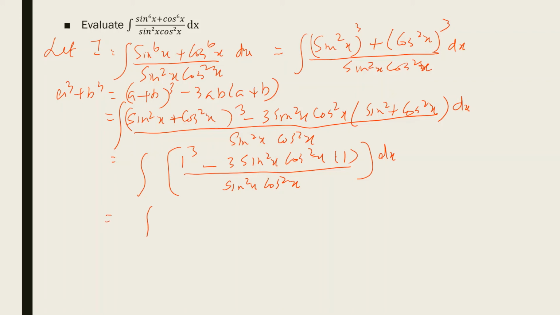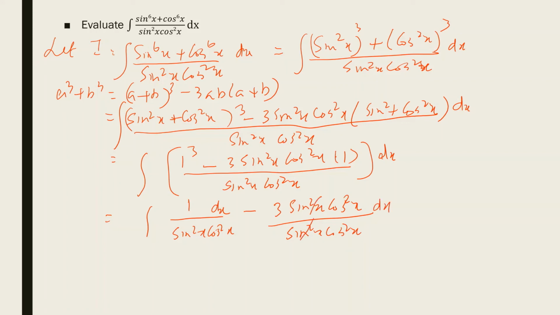So why can't we split this into 1 by sine square x cos square x minus 3 into, here I can put dx, and here also when you divide 3 sine square x cos square x divided by sine square x cos square x dx.